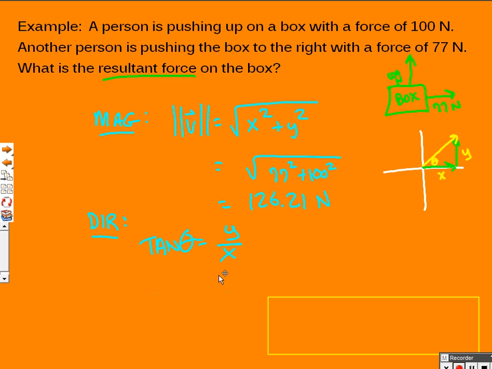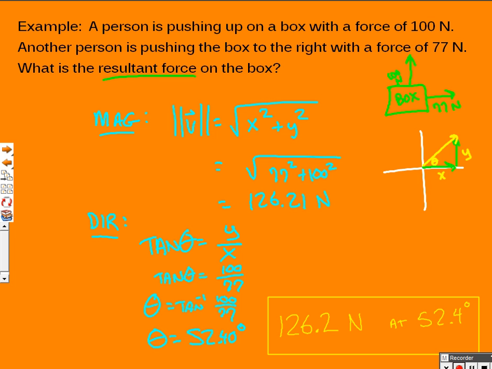Well, that means if I plug in those values, I get tangent equaling 100 for y and 77 for x. If I take the inverse tangent of both sides, I get myself an angle of 52.4 degrees, and that's how my answer is. And this is how I write my answer. It is a specific value, a magnitude, at a certain angle.